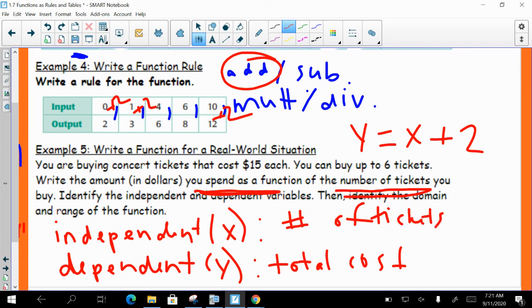To write a rule, we would say y is equal to, and then each ticket costs $15. When something costs $15 each, that means to multiply. So we'll just do 15 each. The 6 is actually not relevant in finding the equation here. It's just the 15 that's going to tell us how much money we'll spend.